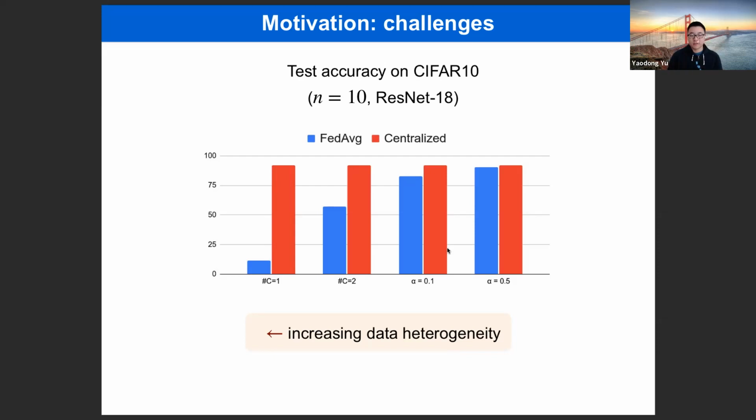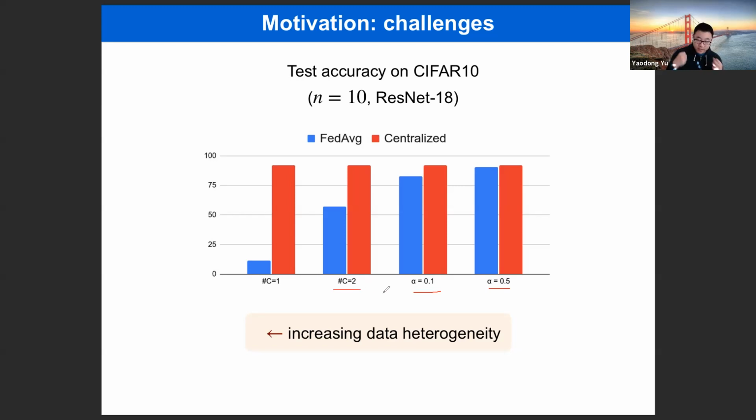For a centralized algorithm, the data heterogeneity doesn't matter because you can think we are pooling the data together and doing SGD optimization. However, for federated averaging, suppose we decrease our alpha from 0.5 to 0.1, say we enlarge the level of data heterogeneity, the test accuracy drops by around 5% plus.